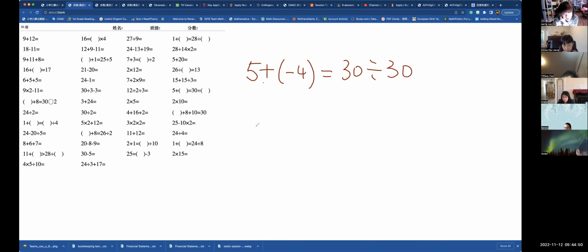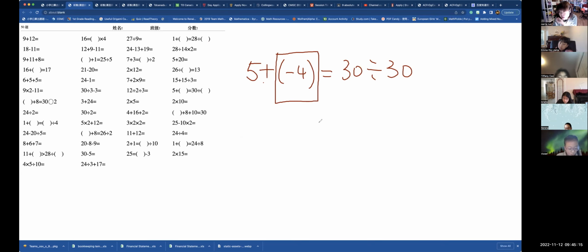Because you told me there's only one sign that can be put between two numbers, right, Serena? But the thing is, because you have a bracket, understood? When you have a bracket, you can have everything inside it. So that's why, outside the bracket, negative 4 is actually considered as a number.